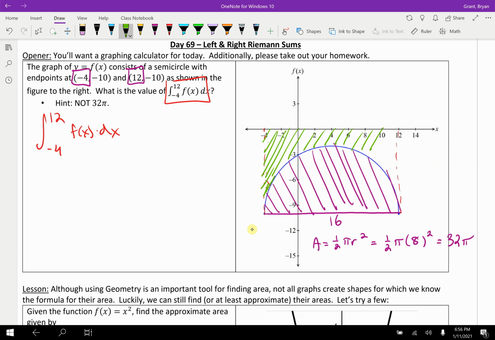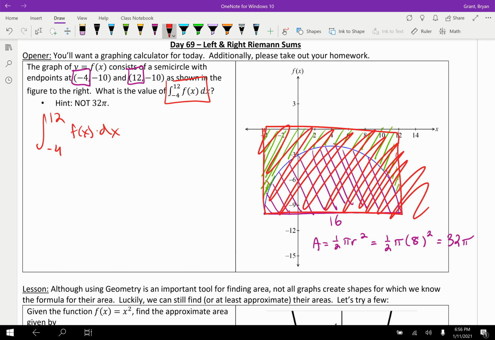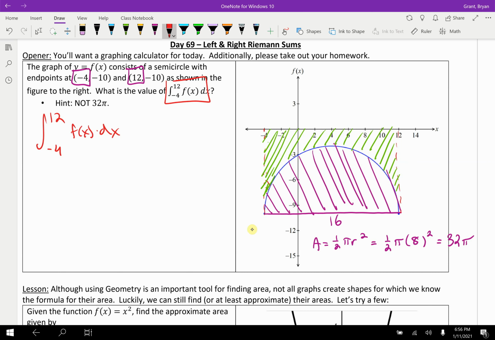That's a weird shape. And in fact, it'd be very difficult to find the area of the shape with one formula until we realize that shape is actually made up of two formulas. That shape is made up of one large rectangle, like so, with this semicircle chewed out of the rectangle, right?